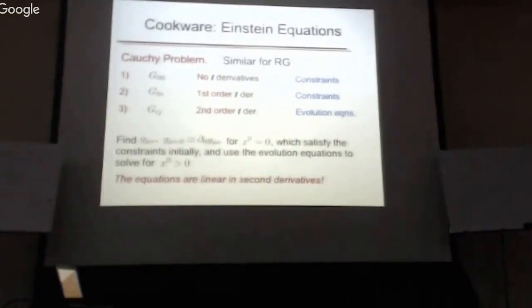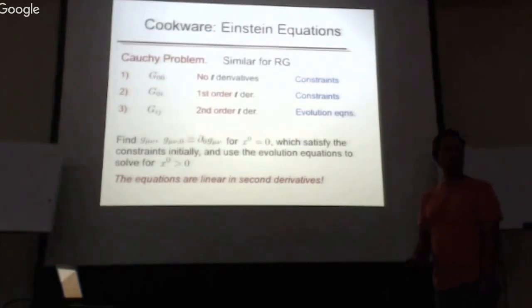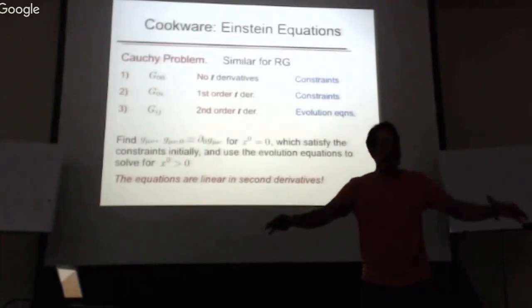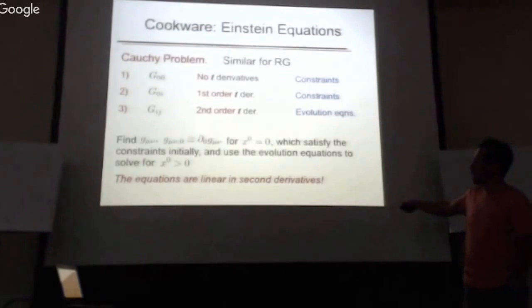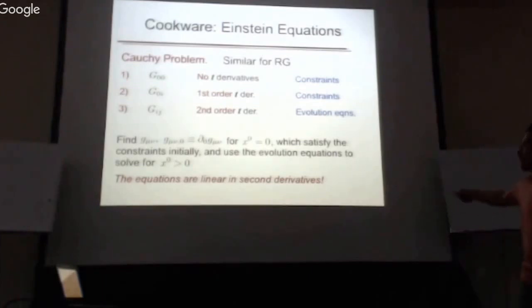And the question is, can we do the same as in Maxwell theory? Can I give initial data, that means the shape of the metric and its first derivative, for time equals 0, let's say, and then use these evolution equations to get the solution of the metric for later times?